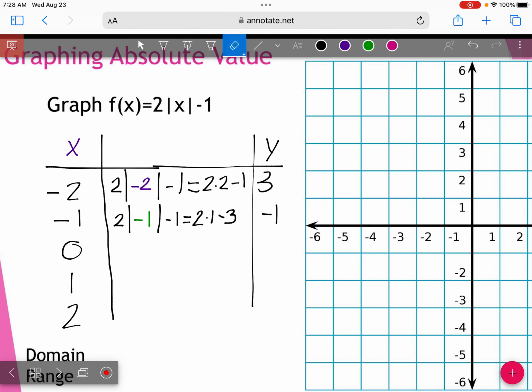Oh, sorry, I wrote that down wrong. That's supposed to be minus 1. I was going to say that felt like a big jump. So 2 times 1 is 2, minus 1 is 1.